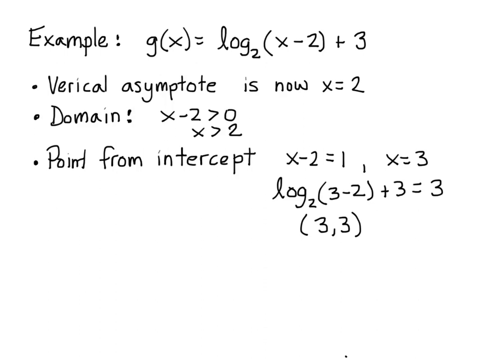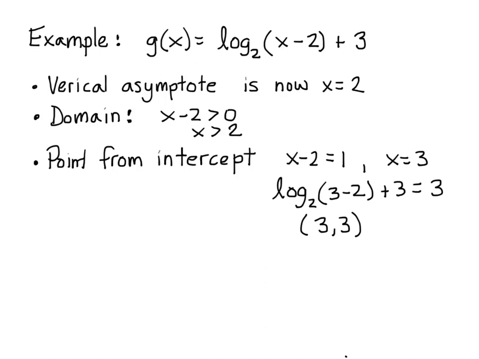In this case, we have the log base 2 of x minus 2. When this x minus 2 expression equals 1, we're going to get this expression equal to 0. And that gives us a really convenient point.